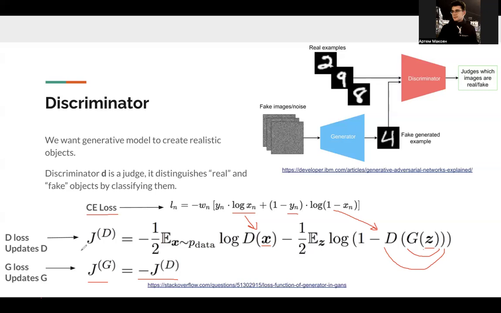So the generator wants to obtain a big loss. It's because they're playing a game, and the generator wants to win. And it wants the discriminator to show bad results. That's why we want this loss. In fact, the generator wants to maximize this loss.